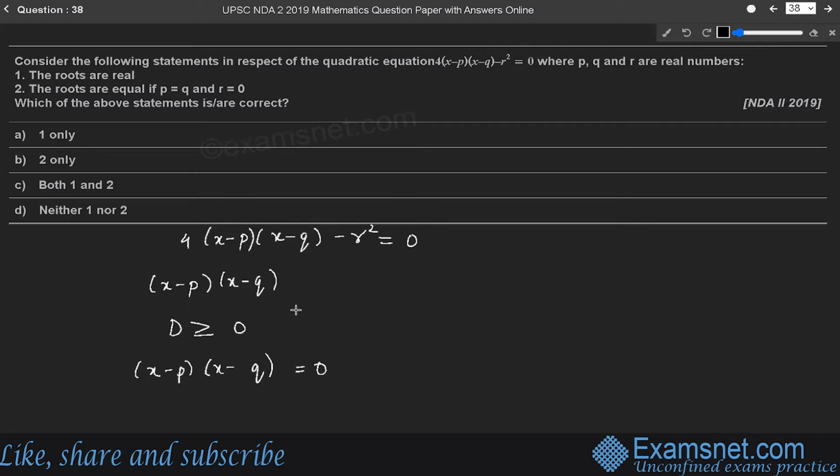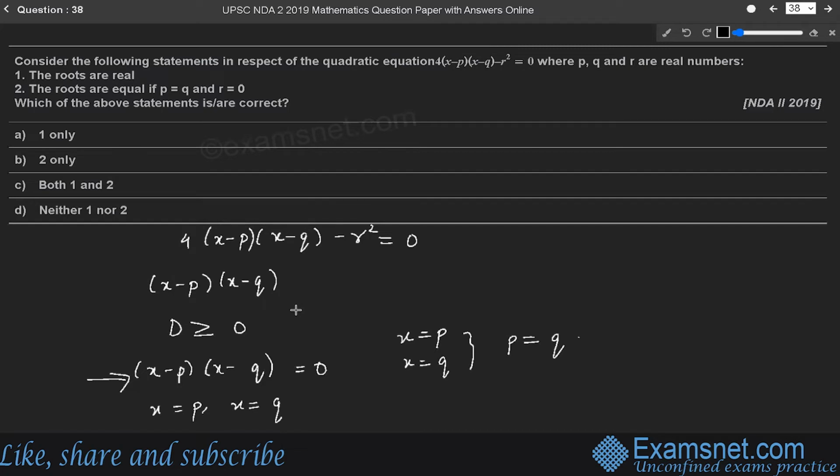Now, for the second statement, which says that x will be equal to p and x will be equal to q. Since x - p is equal to 0, x will be equal to p, and x - q is equal to 0, so x will be equal to q. Now, we know that x is equal to p and x is equal to q. It implies that p is equal to q.